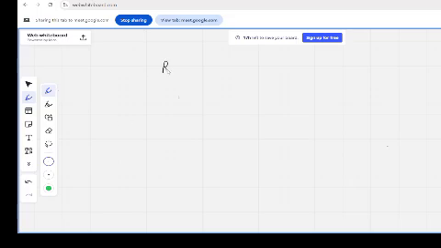So we are discussing the RSA algorithm. The RSA algorithm was discovered by three scientists: Rivest, Shamir, and Adleman. And based on these three scientists, the name RSA came.